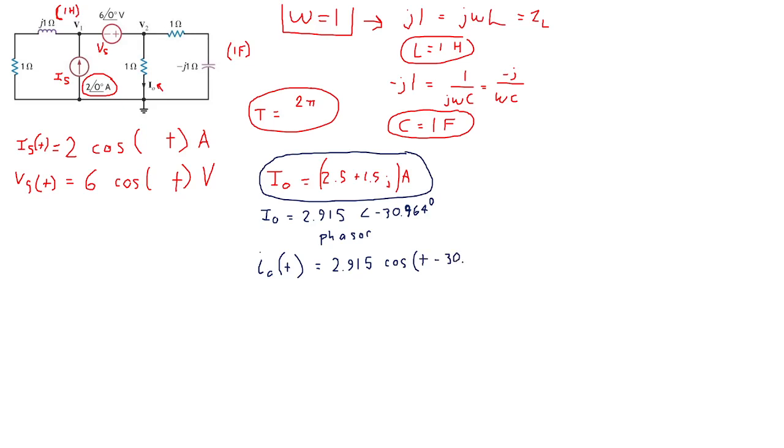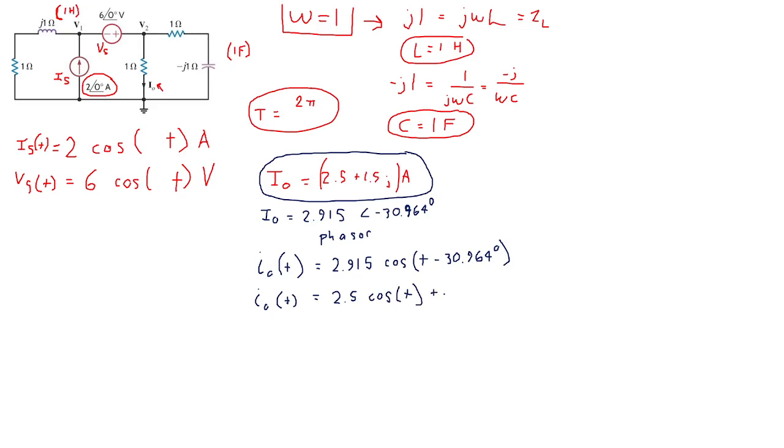What this one tells us is that the form of IO that we calculate here is 2.915 cosine of t, since omega is 1, and since this angle is negative, t minus 30.964 degrees.